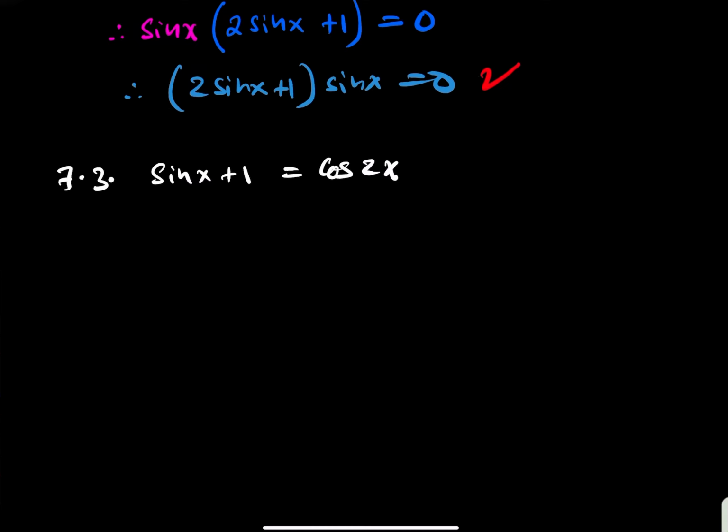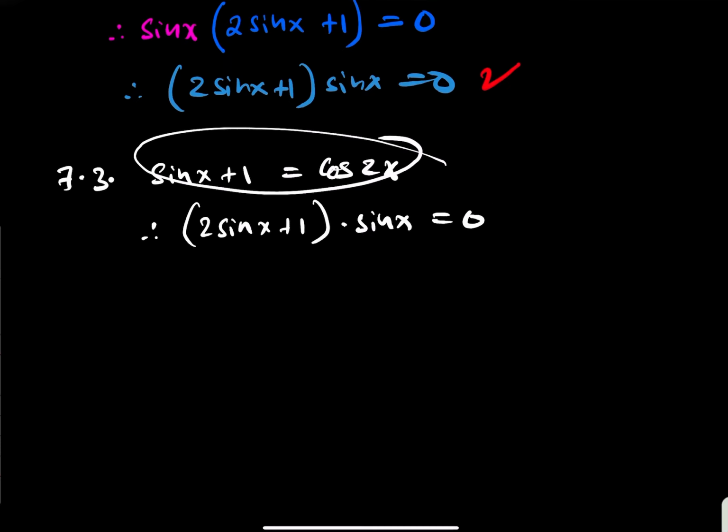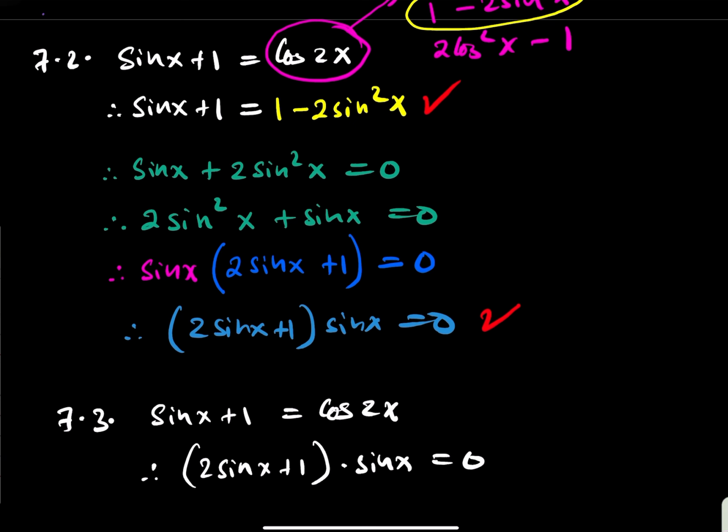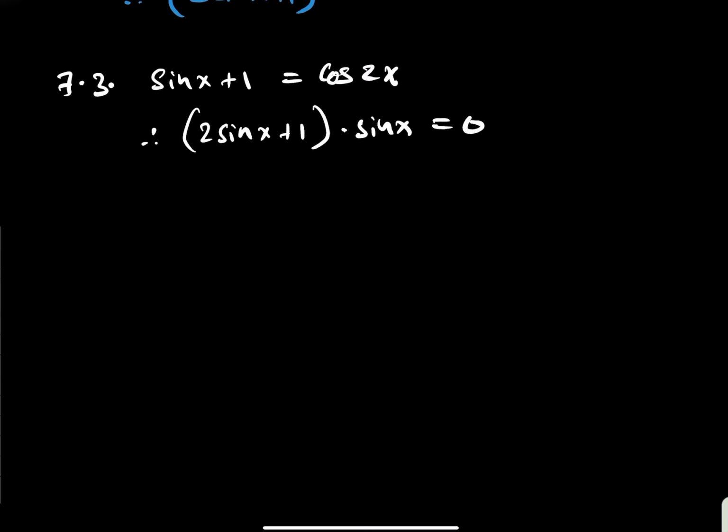So I'm going to say, therefore, I'm going to have (2 sine x plus 1) multiplied by sine x is equal to 0. It's the same as this one. We have proven it, so don't rewrite this one. You'll be wasting time in the exam, and there's no time. So we want to find the general solution. The best way to attempt it is to equate each factor to 0. It's basically your paper 1 algebra.